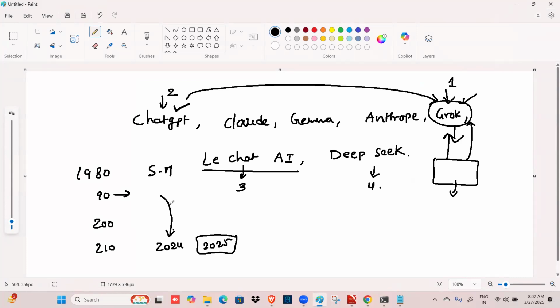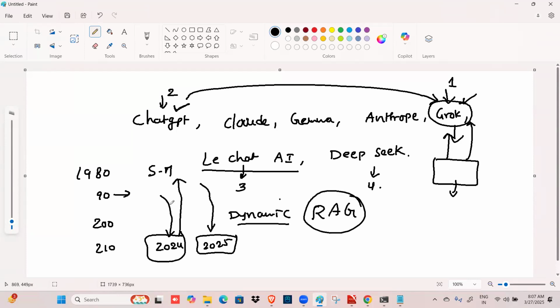But if you designed an LLM model in 2024, it will give only the 2024 response, and I want the 2025 response. This is dynamic in nature, so to handle it we require RAG, Retrieval-Augmented Generation, while the static one is the LLM. That's why we use RAG together with the LLM, and that becomes LLM RAG.